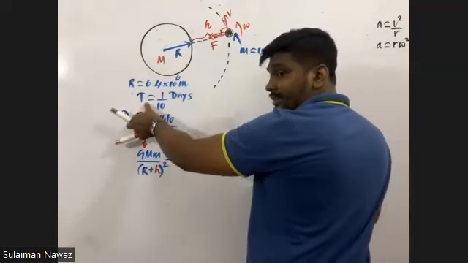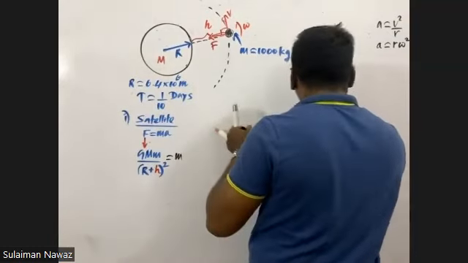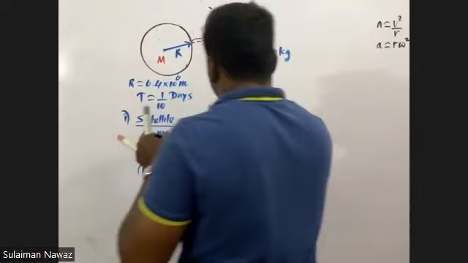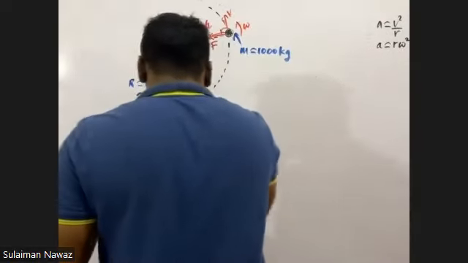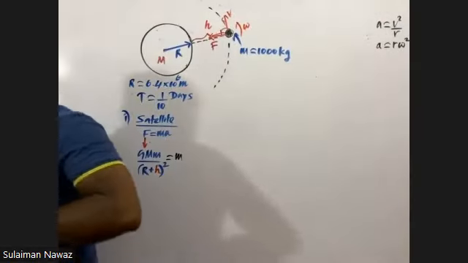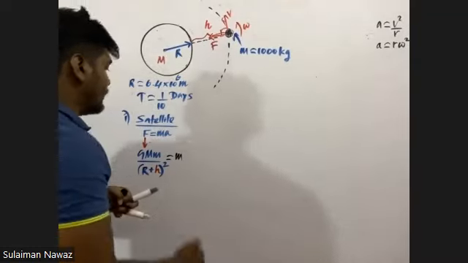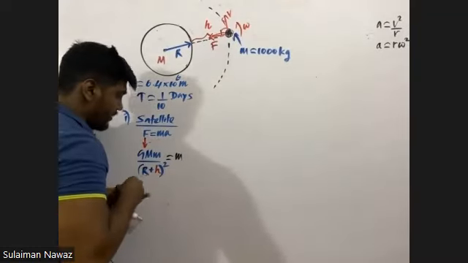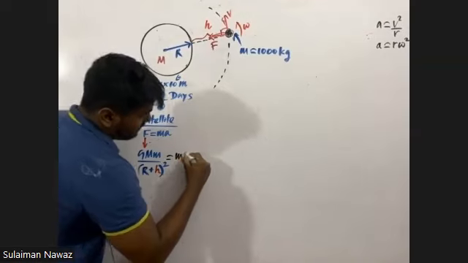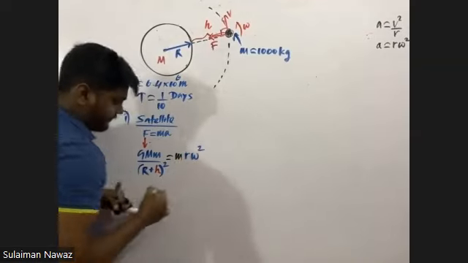Now I know the time period, therefore I thought of writing centripetal acceleration in terms of r omega squared, so m r omega squared.